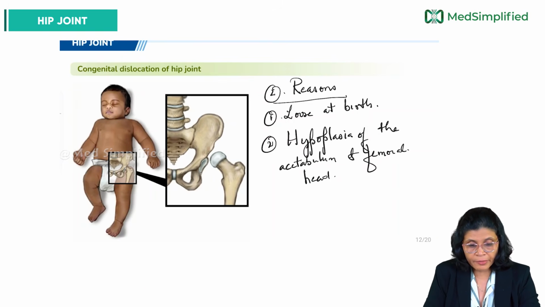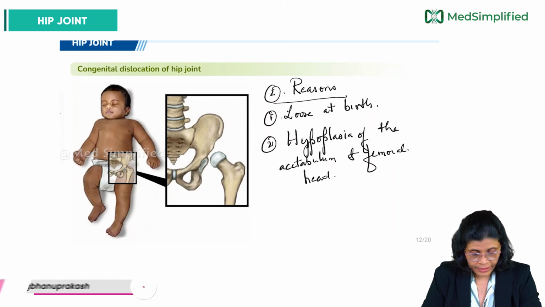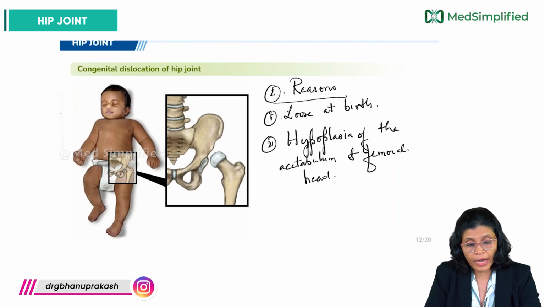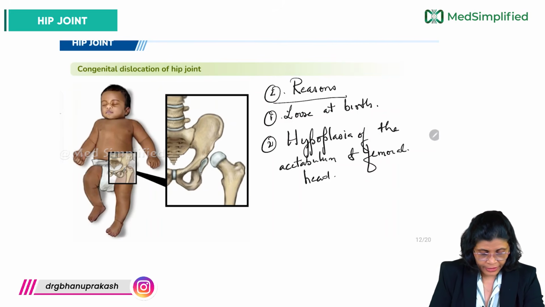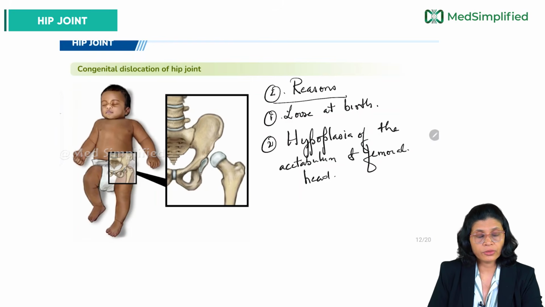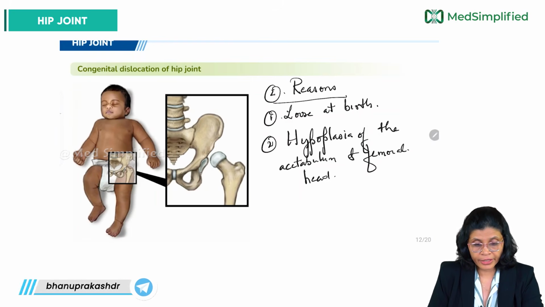So these two are the main reasons. Clinically, there is inability to abduct. The newborn is unable to abduct the thigh. The affected limb will be shorter in length and externally rotated.